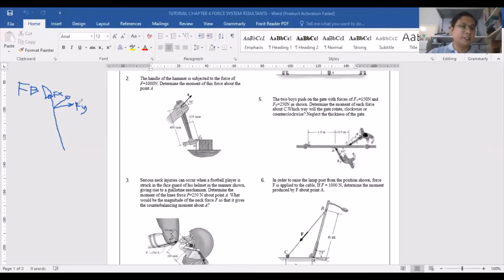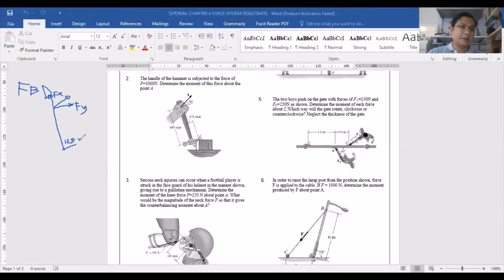If you consider this one Fx, okay, but you should first understand the concept of the moment formula. Then what else? We have the distance to the head of the hammer here, which is around 450 millimeter, and 100 millimeter.